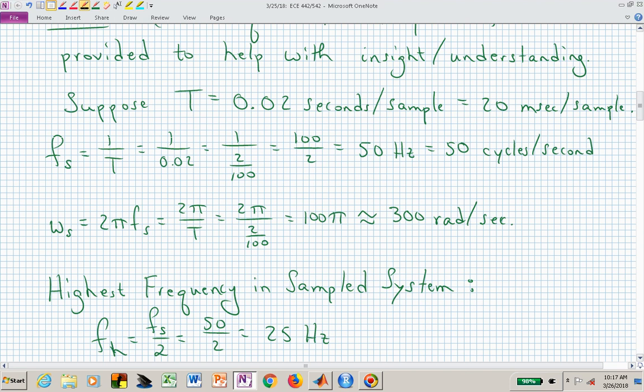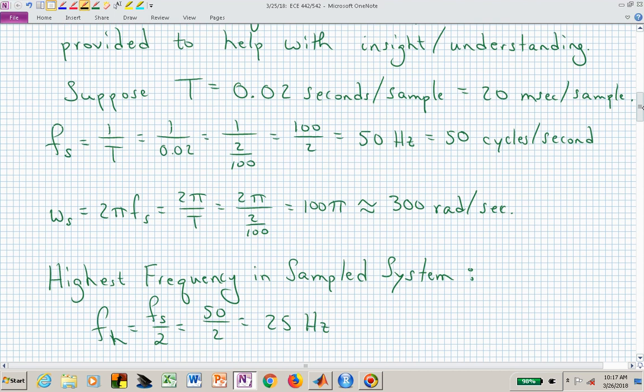This gives you a feel for the relationships: you're sampling all waveforms every 20 milliseconds, which represents 50 hertz, or roughly 300 radians per second.